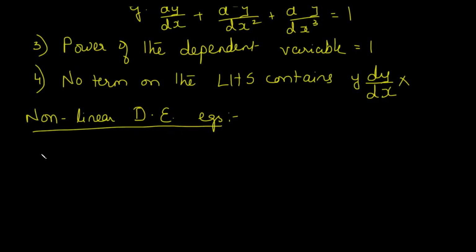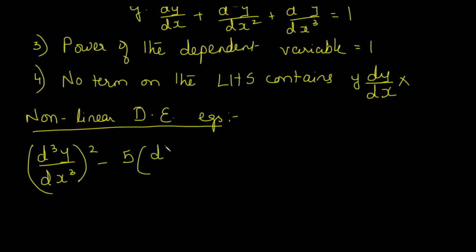For example, if you have a differential equation such as d3y by dx cube, the whole square, minus anything, suppose this is an equation. Again, it's a differential equation, but is it a linear differential equation? You will say no, because the degree of the differential equation is 2 and not 1. One of the main conditions is that the degree should be 1. So this is not a linear differential equation. It's a non-linear differential equation.